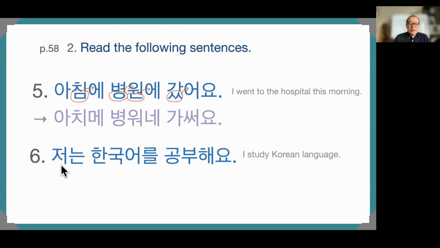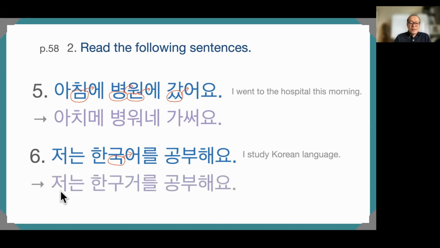This is not a complicated sentence, so please try to read this one, number 6. 저는 한국어를 공부해요. 저는 한국어를 공부해요. Okay. I hope you understood today's lesson.